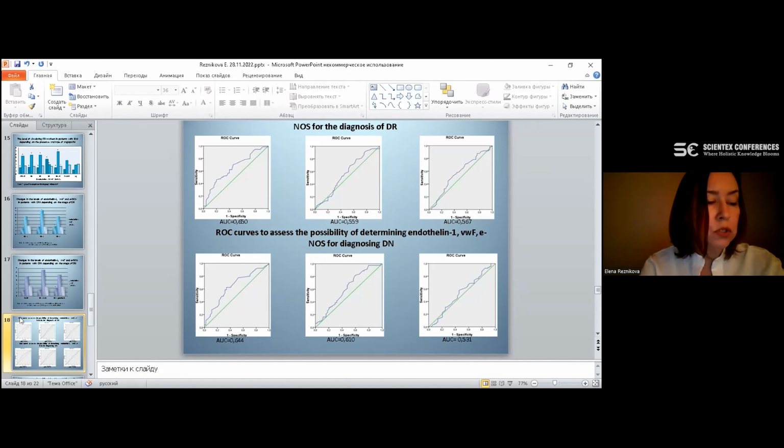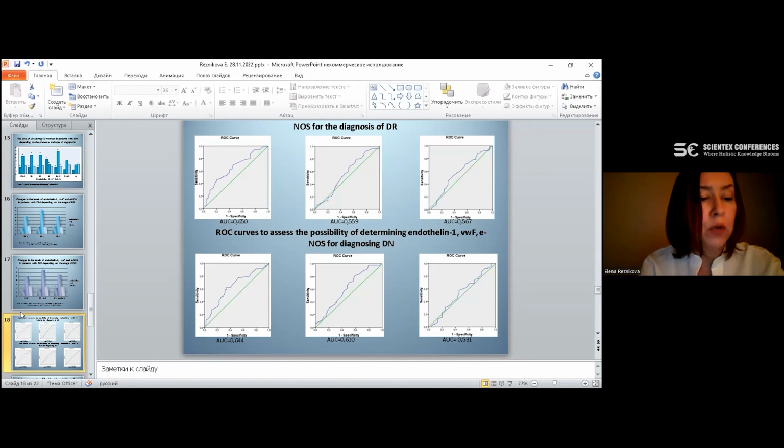And for diagnosis of diabetic nephropathy and various types of angiopathy of the lower extremities, 83.3%, with a reference value of 1.81 picomole per milliliter.